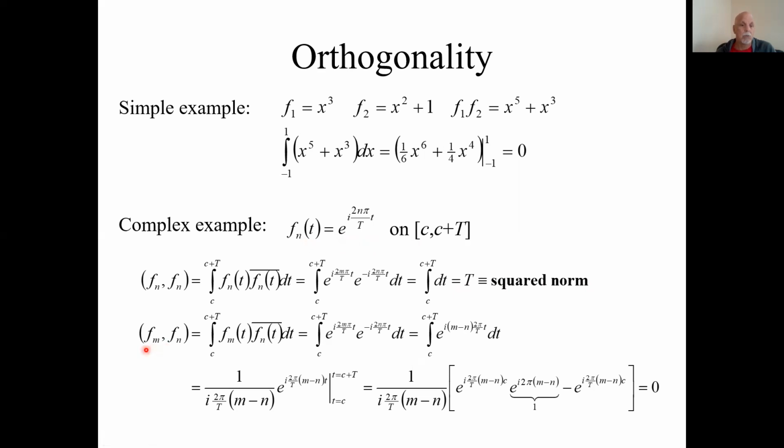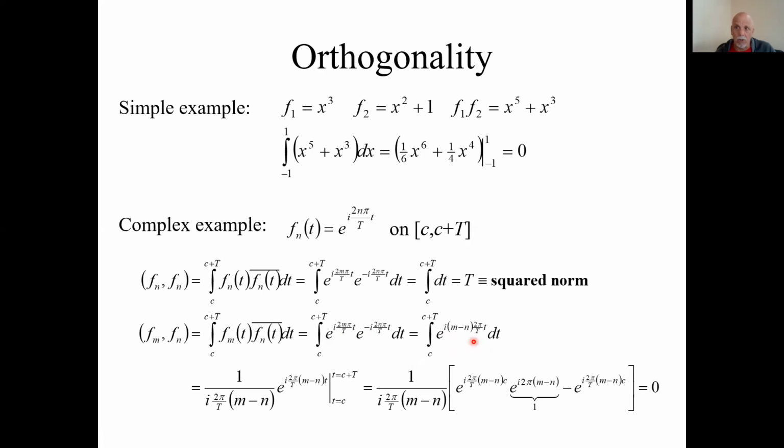Now, what if I do two different functions, say f sub m and f sub n? Here's what it means. So here's f sub m, and here's the complex conjugate of f sub n. I need to put this negative here. So again, I add the exponents, which means I get this.